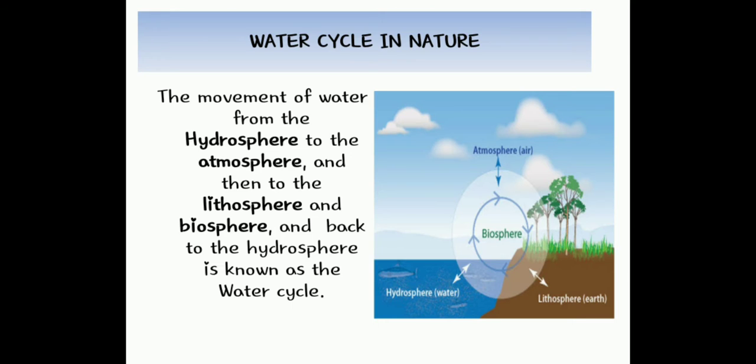In simple terms, water goes up into the air, then falls as rain or snow to the earth, and as it goes down the soil it goes back to the water. So the cycle that it carries out is what we understand as the water cycle.